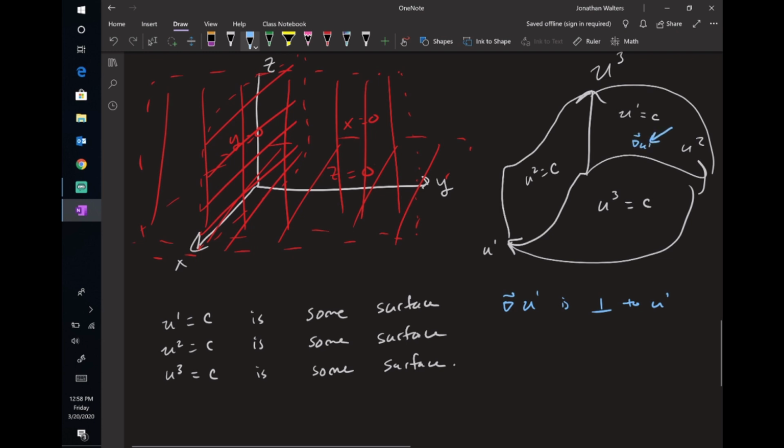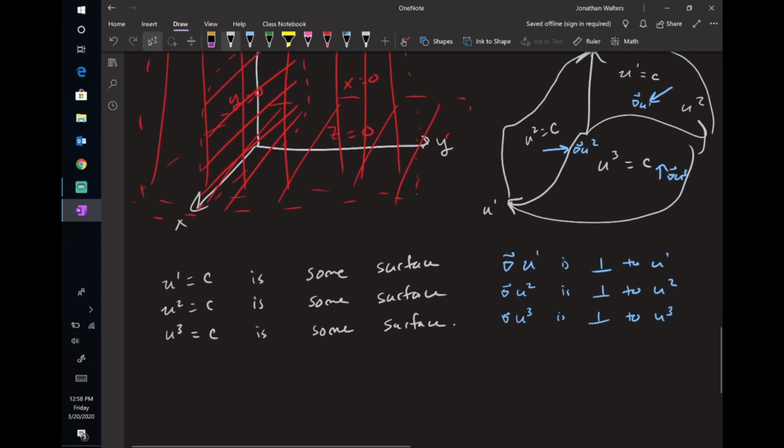The same thing here, take the gradient of u2, and then gradient of u3, at different points. So gradient of u1 is perpendicular to u1, gradient of u2 is perpendicular to u2, and gradient of u3 is perpendicular to u3.